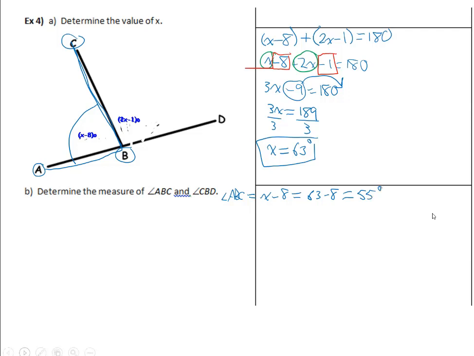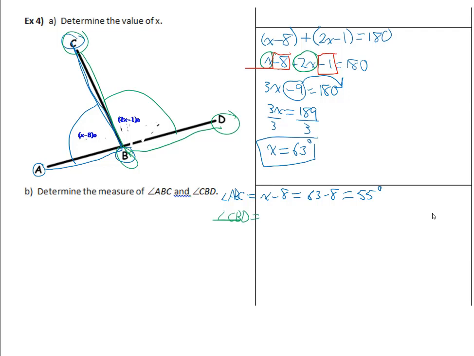All right, I'm going to grab a different color for this next one. Let's say green. And angle C, B, and D. So from C down to B, out to D here. So that's this angle over here in green. We have 2x minus 1.